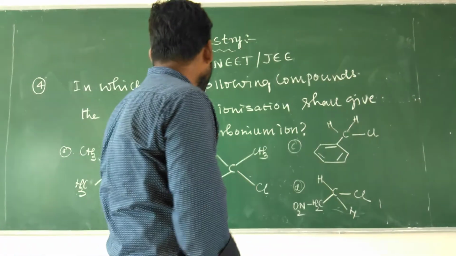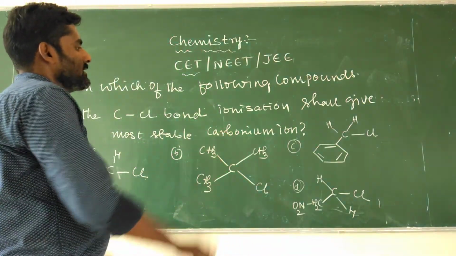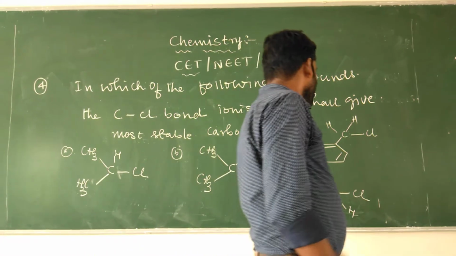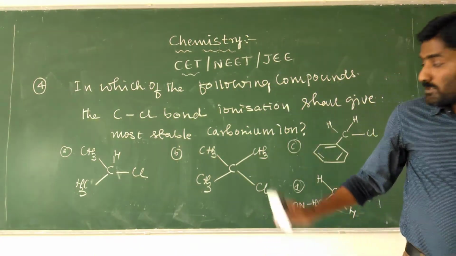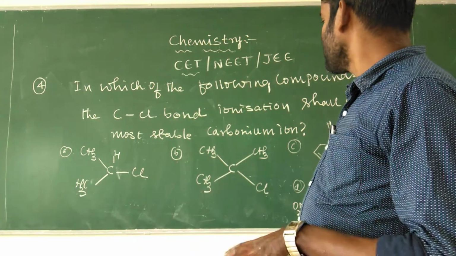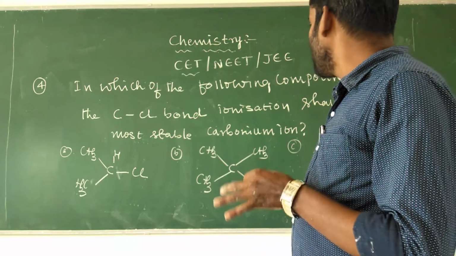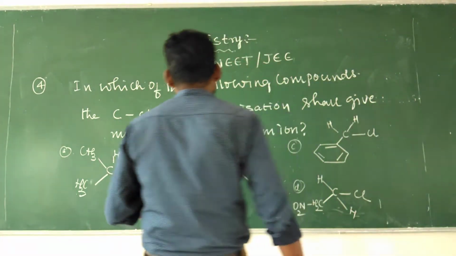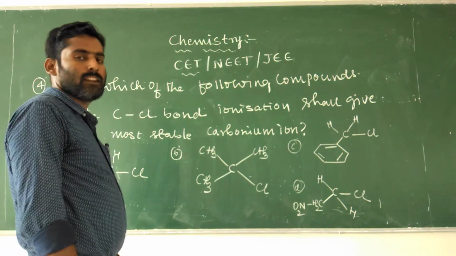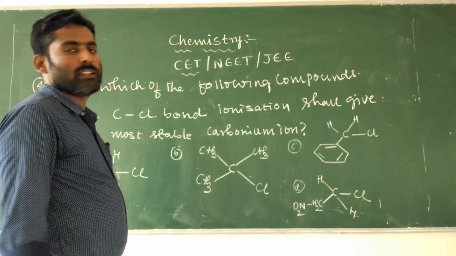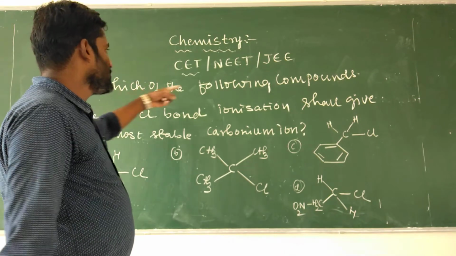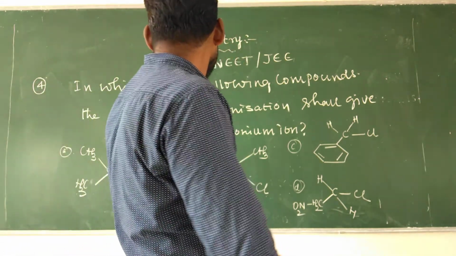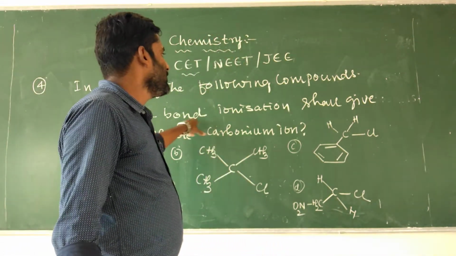Among these given options, in which compound will ionization of the C-Cl bond give the most stable carbocation or carbonium ion? They are asking about the breakage of the C-Cl bond.